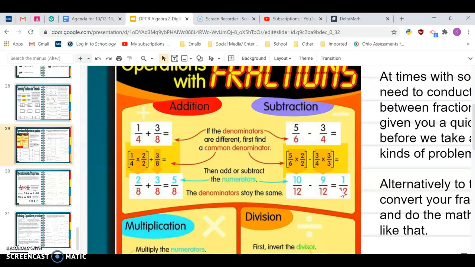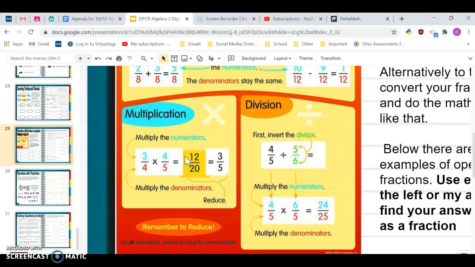Now we're going through multiplication and division. With multiplication, we multiply straight across with our numerators and straight across with our denominators, and whatever fraction we get, we reduce. If we do division, you have to invert the divisor and then multiply the numerators.